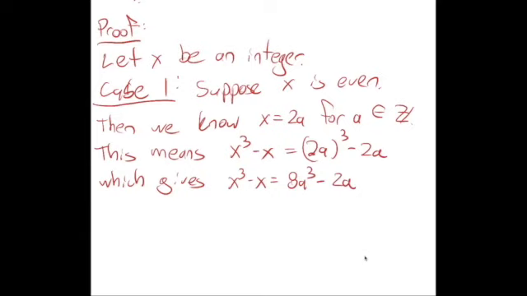And then just factor out a 2. That's equal to 2c, where c is an element of the integers. Therefore x cubed minus x is even.